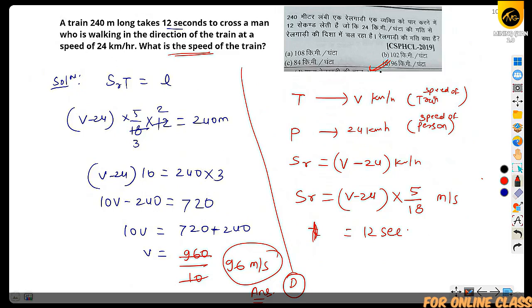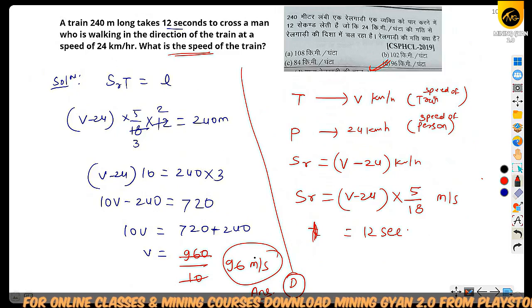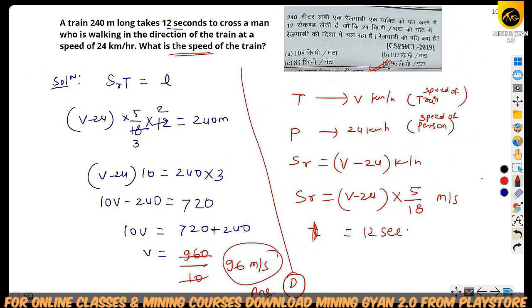Okay, the options are available in kilometers per hour. But this is 96 meters per second. So again we have to convert meters per second to kilometers per hour, so just 96 into 18 divided by 5. Basically there is a confusion: if the options are in meters per second, then 96 kilometers per hour is logically not possible.